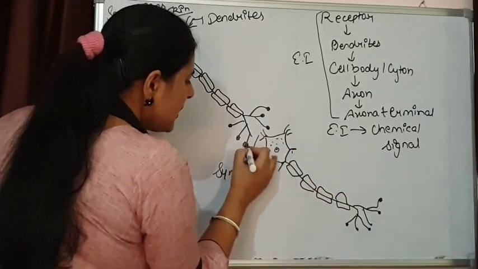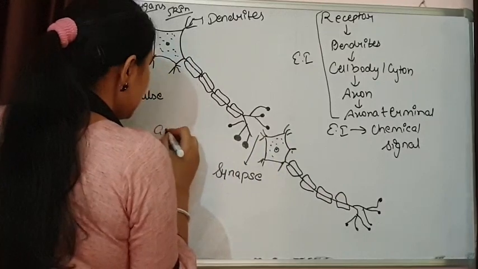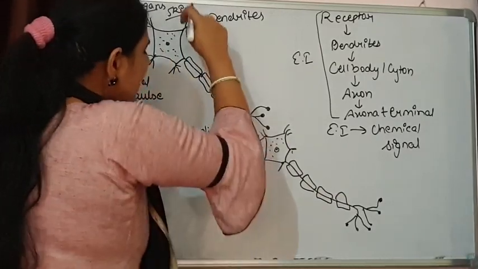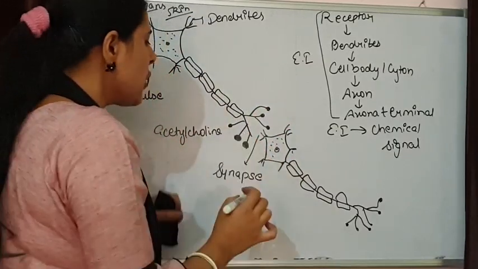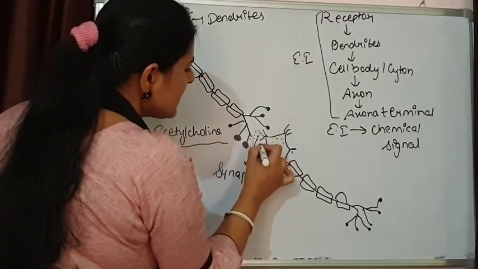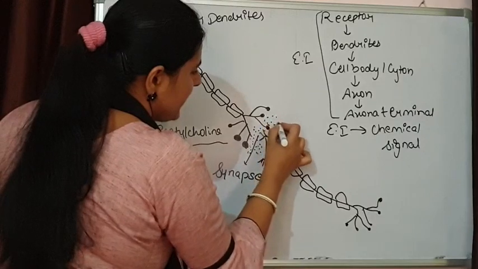These axonal knobs contain a neurotransmitter, that is acetylcholine. So when an electrical signal reaches these axonal terminals, these knobs, acetylcholine is released into this synaptic cleft, or you can say synaptic region.